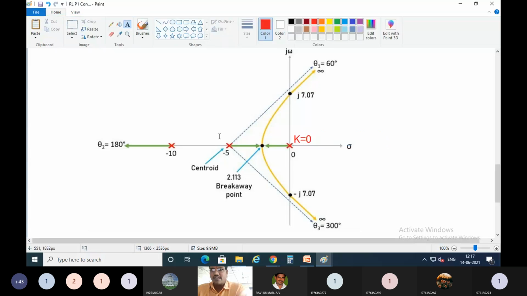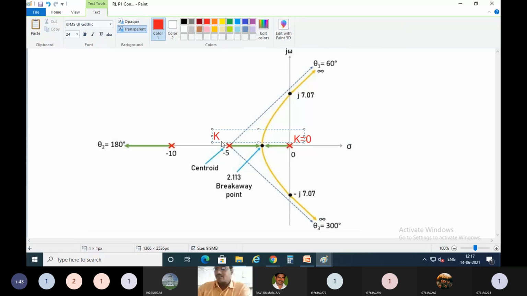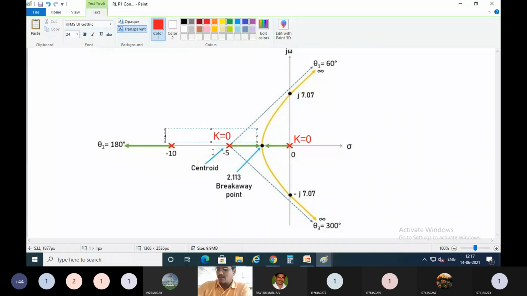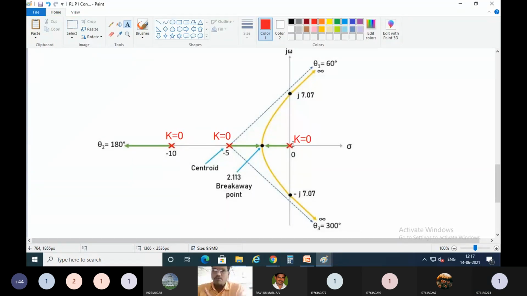Here also, k equal to 0. When k equal to 0 appears, the root locus starts at that point.